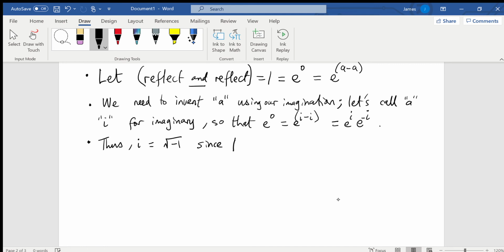Since 1 is e to the I, e to the minus I, which is what we just said above from our argument about reflect and reflect. And if I is square root of -1, that would mean it's e to the square root of -1, and then e to the minus square root of -1.